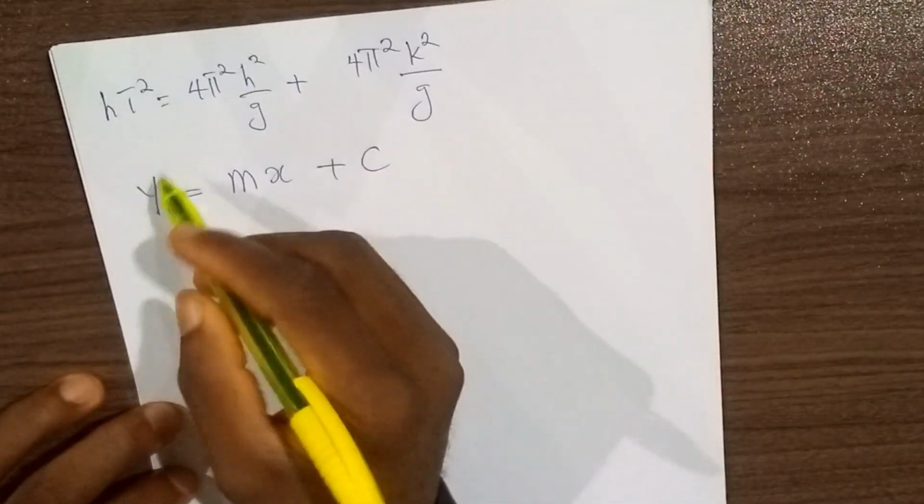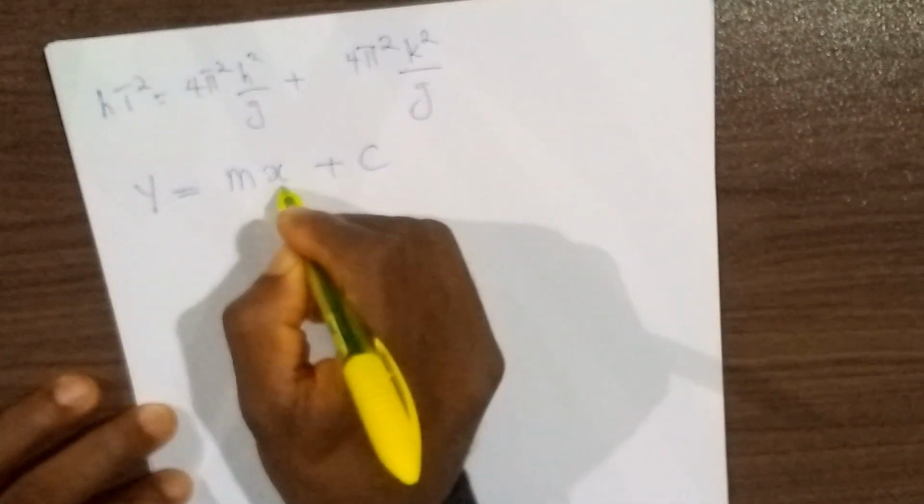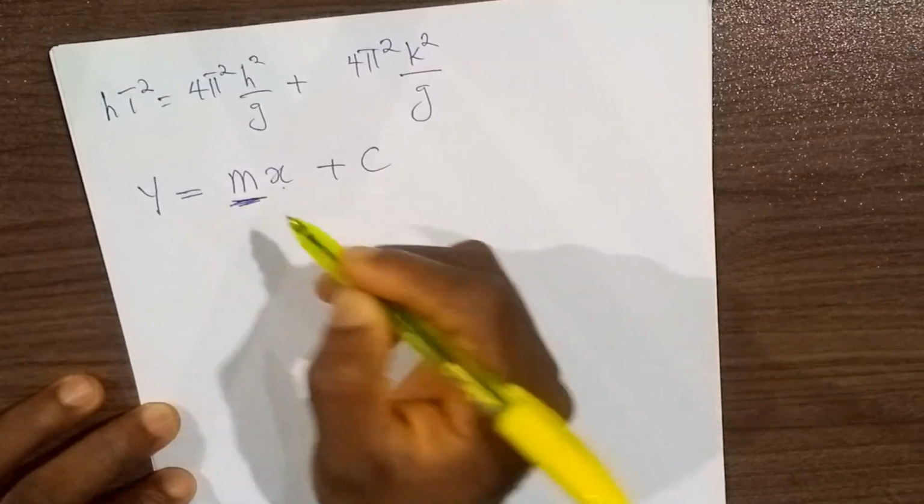If we are plotting a graph of y against x, m becomes our slope.